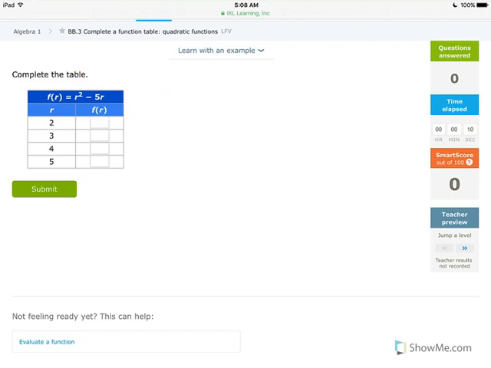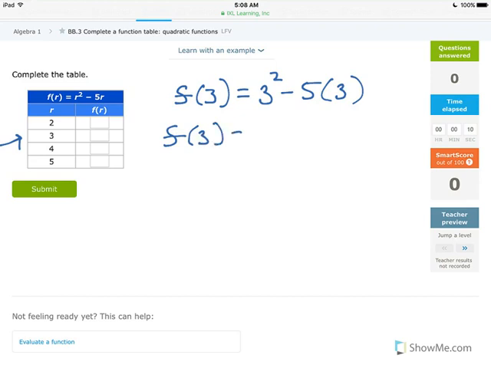And let's go ahead and do the next input, which is 3. So f of 3 is going to be 3 squared minus 5 times 3. And then evaluate. So 3 squared should get you 9, minus 15.